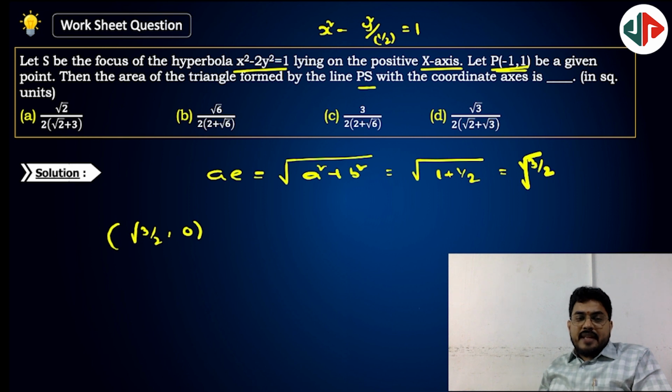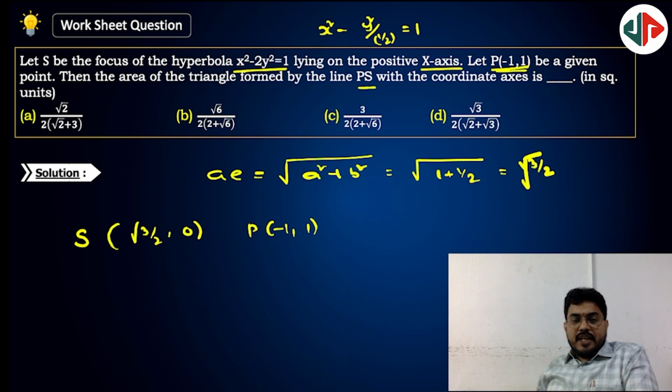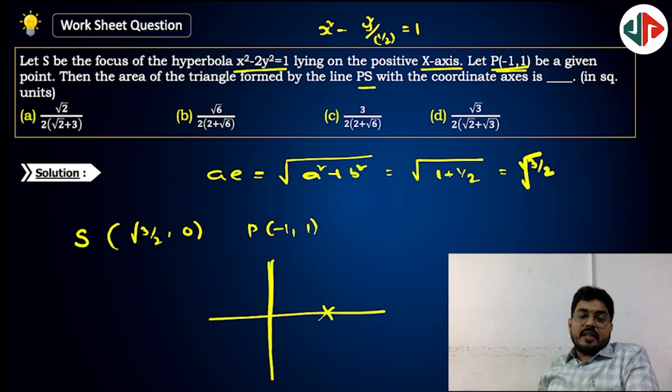This is S, and P is (-1, 1). What is the line joining these 2 points? You need to check it out. I need to find this area. So what is the slope?